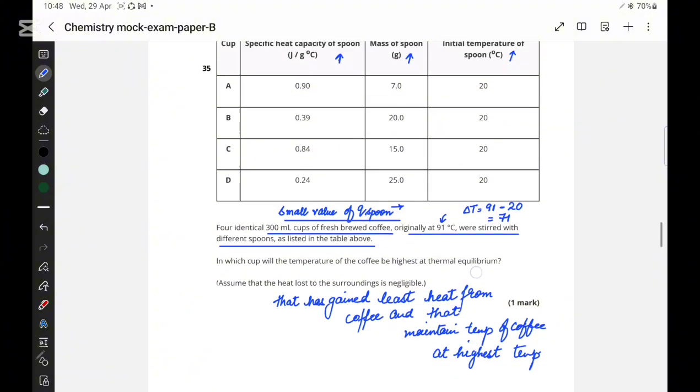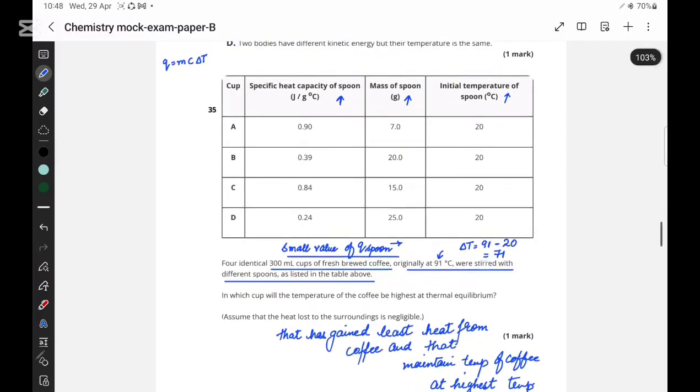So we need to find the smallest value of Q. So I'm going to apply the formula on each one of them.